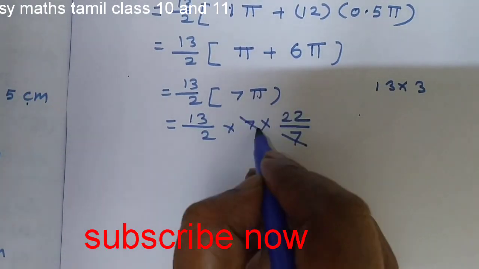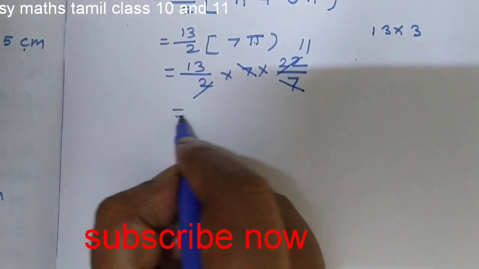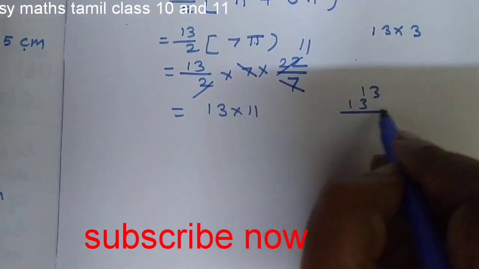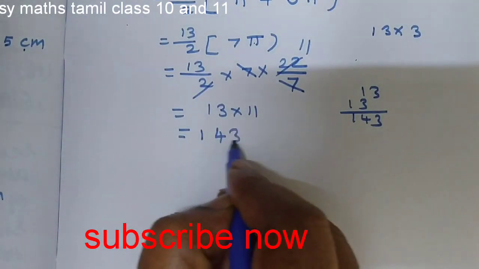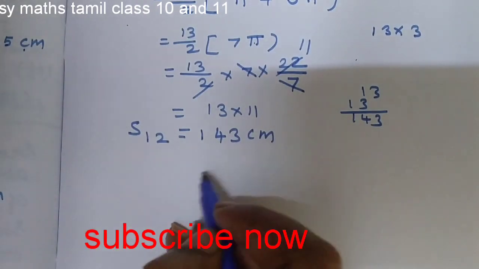Cancel this 7. 11 2s are 22. 13 into 11 is 143 centimeters.